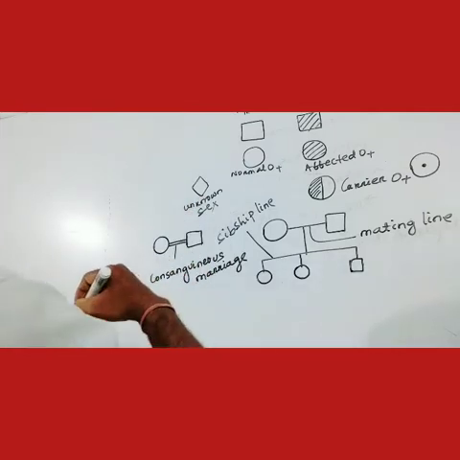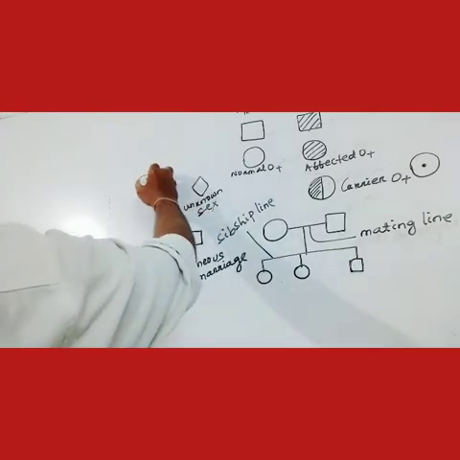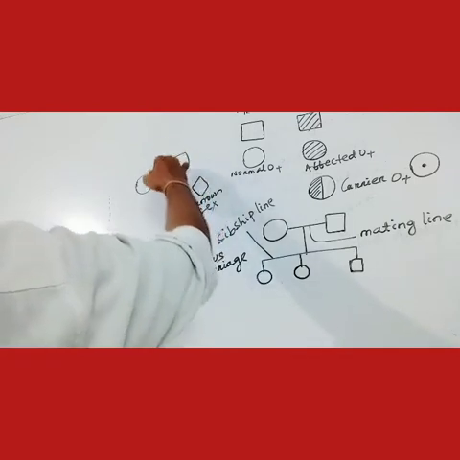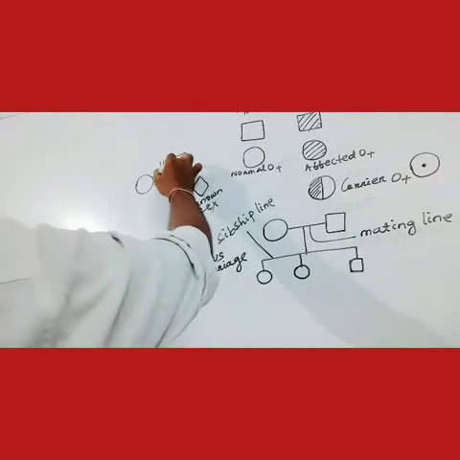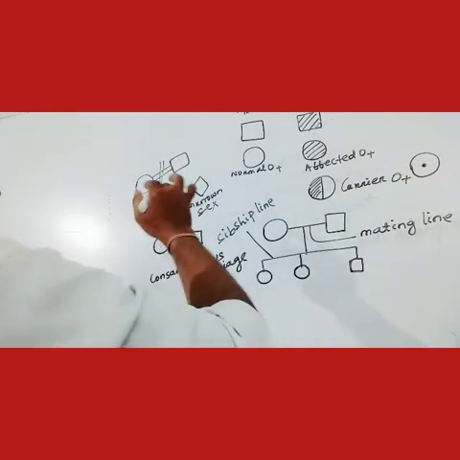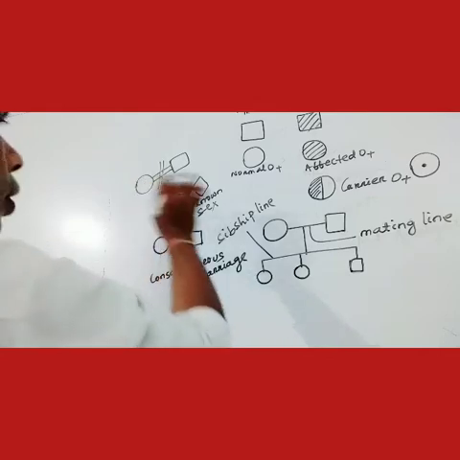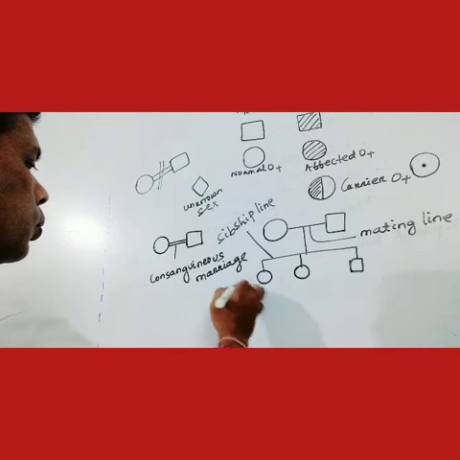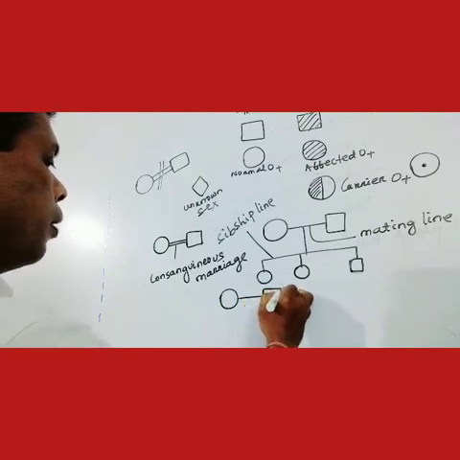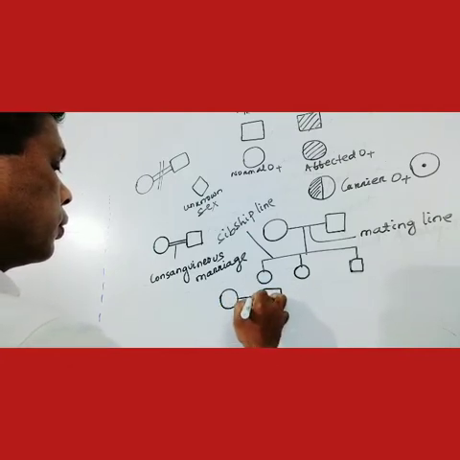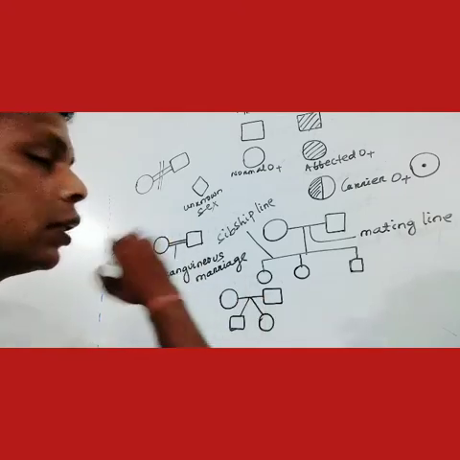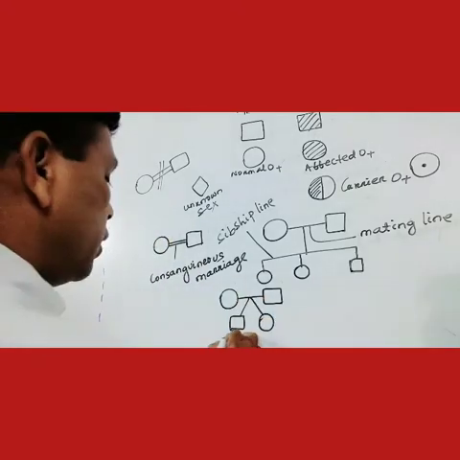Okay. When it is represented by this, that means the couples are separated. When there are a male and female in such conditions, it represents twins.